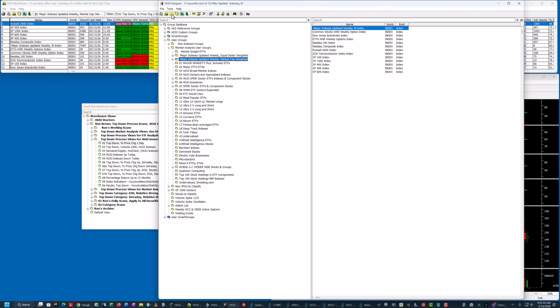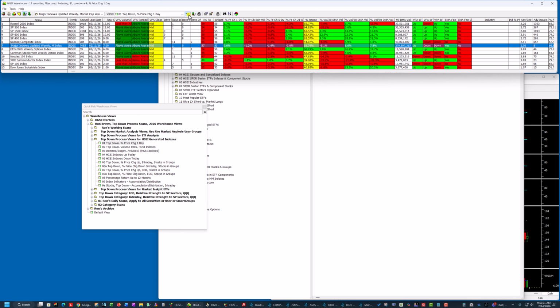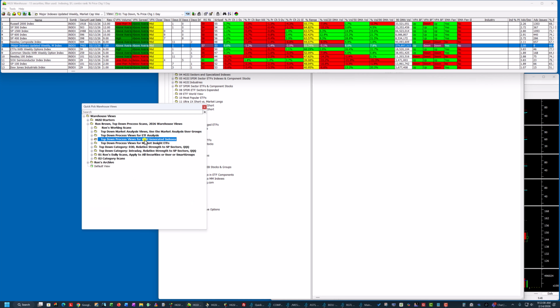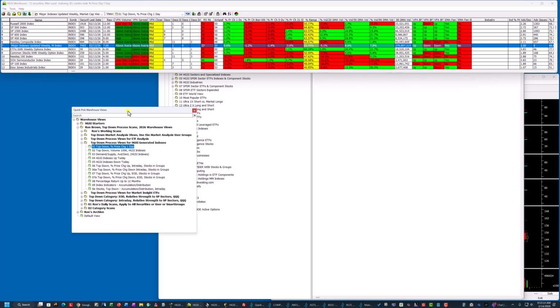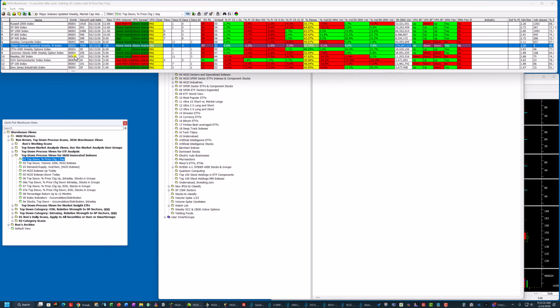I'll click through to the warehouse view, and the warehouse view is under top-down process views for HGS generated indexes. Just open it up and go to number 1, and that's what I have up here. The indexes that are in this folder are all showing here.